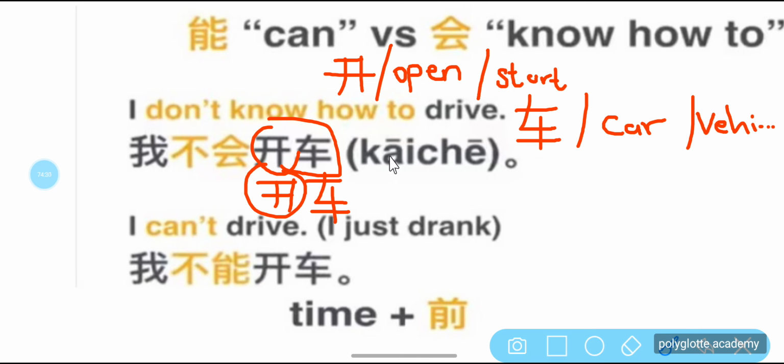The reason why I always write Chinese characters is because I don't want to make another lesson on what we call in Chinese character writing exercise.